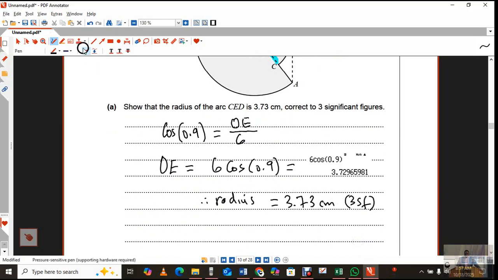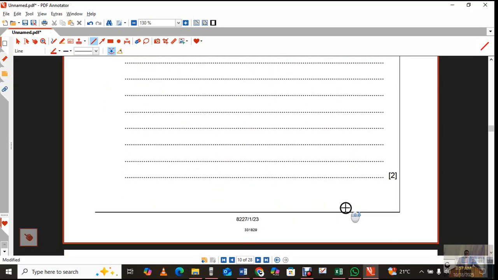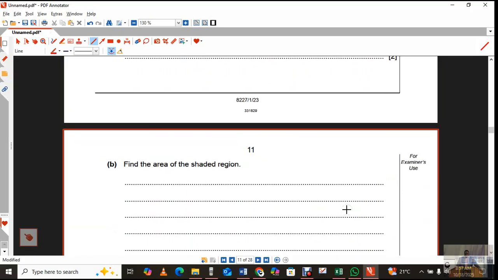So you will have to do a lot of work from your diagram in order to be able to solve those questions. Now they want us to find the area of the shaded part. There is a lot of work involved here.